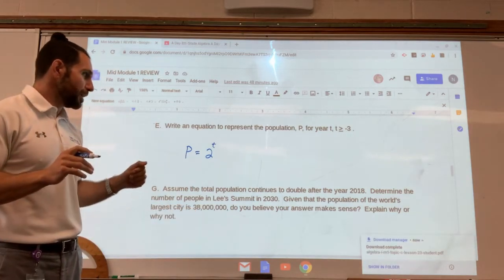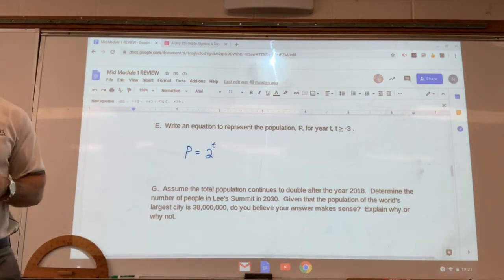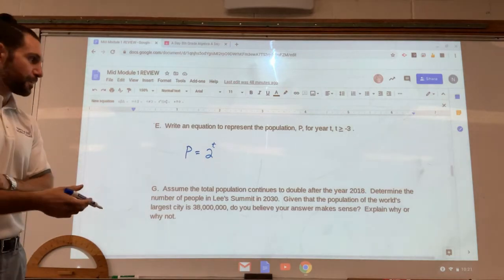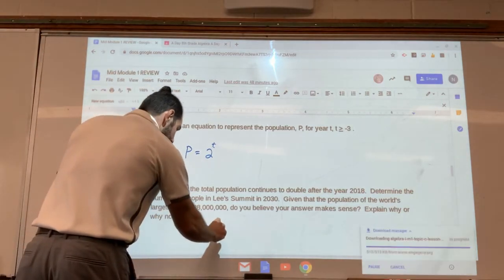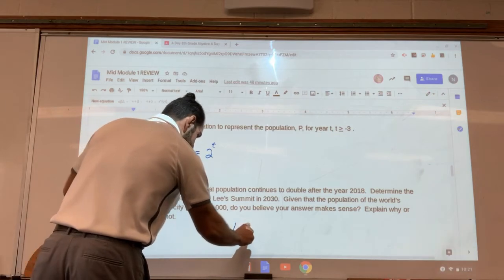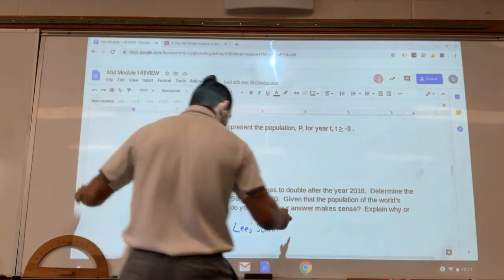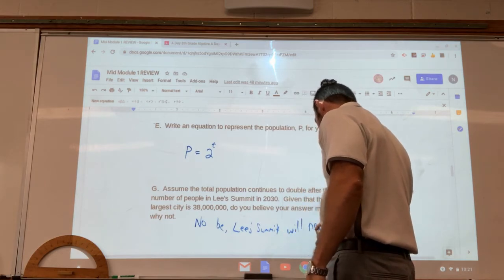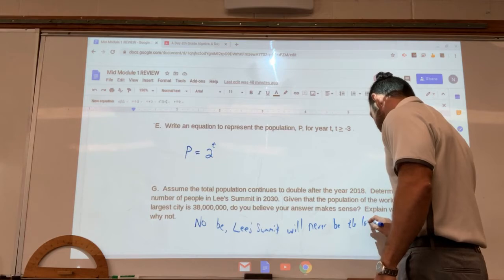So, given the population of the largest city, which is 38 million, do you think that when it keeps doubling, Lee Summit is going to make sense? Well, I'm going to say no, because Lee's Summit will never be the largest city in the world.